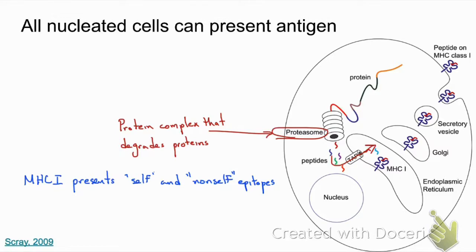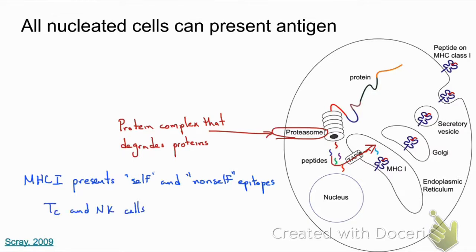Now, this presentation of MHC1 has also been looked into as a way to train T cells to kill cancerous cells. If, for example, a mutated protein is being presented on the cell surface and it's recognized as non-self, well, then this cell should be forced to die or should be killed by those immune cells that recognize this foreign protein.